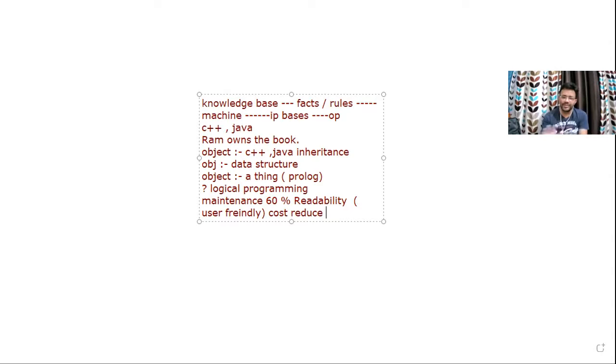So if someone asks you why we use logical programming, it is because of the reduction in maintenance cost, and it is good from the readability point of view. If different developers are working on a project with the help of logical programming, it is definitely easier to make certain changes than with traditional programming.